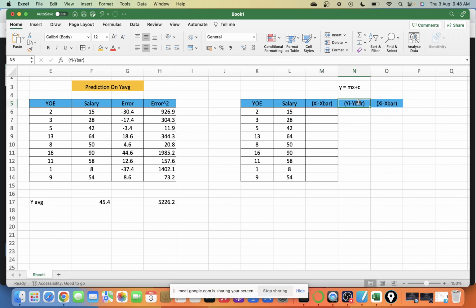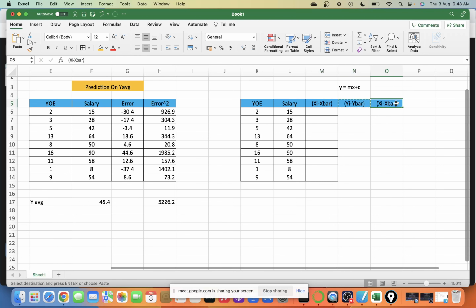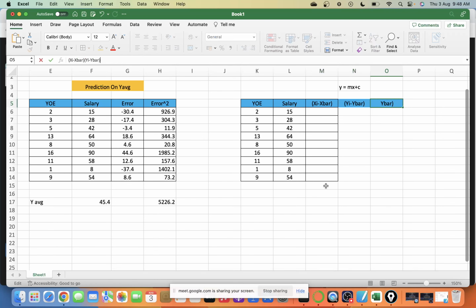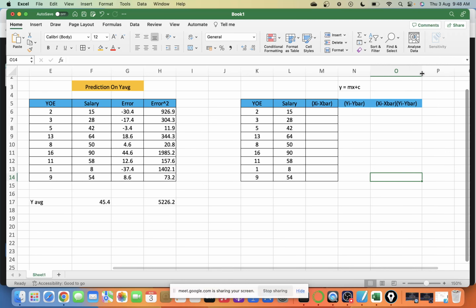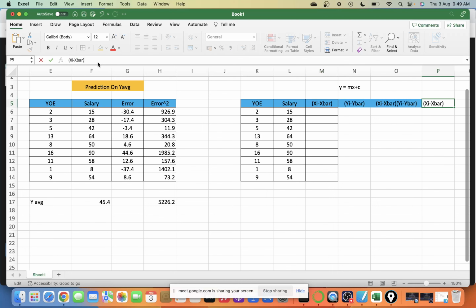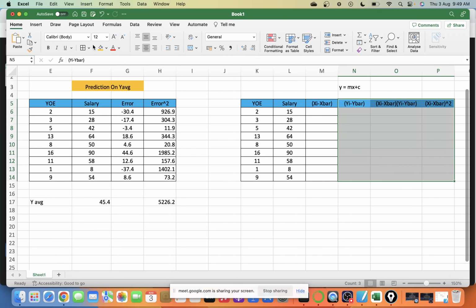And this will be xi minus x bar whole square. Now let's make it into the table.